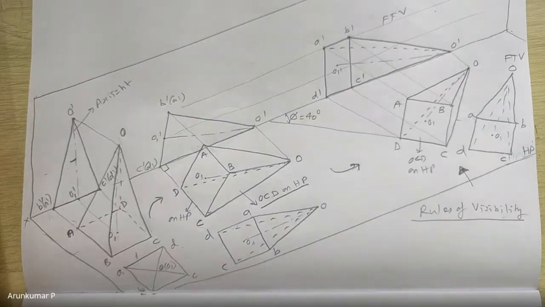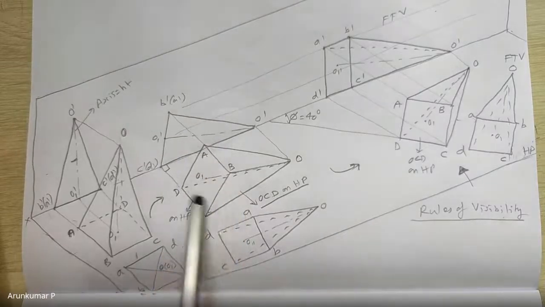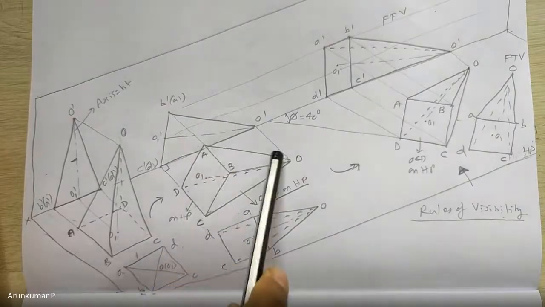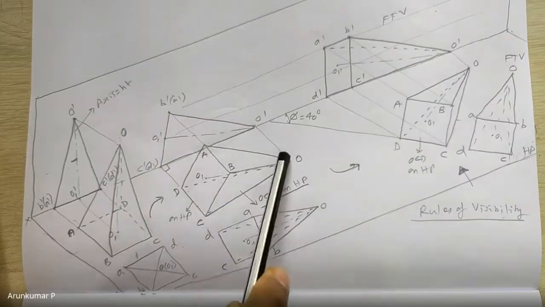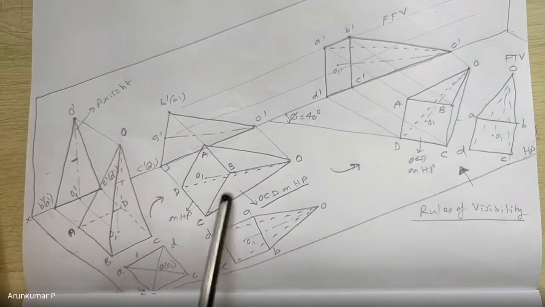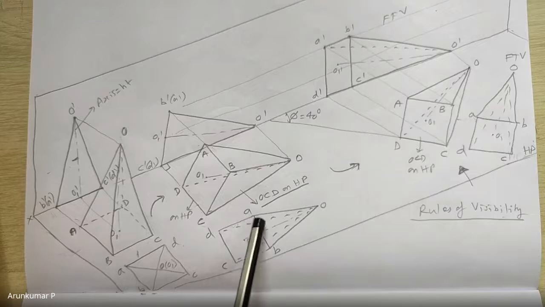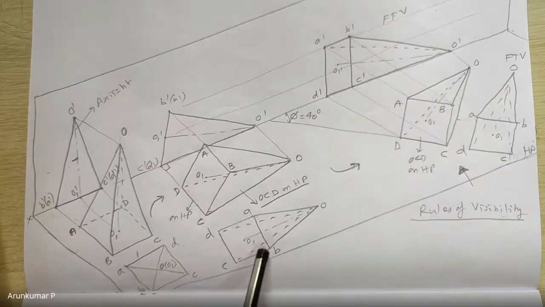There is another rule of visibility which we have used but have not understood properly, which is that, see, if you look from the top in this second step, along with this triangular face OAB, you are also going to see the base. That is why the base is completely seen and represented by solid lines.